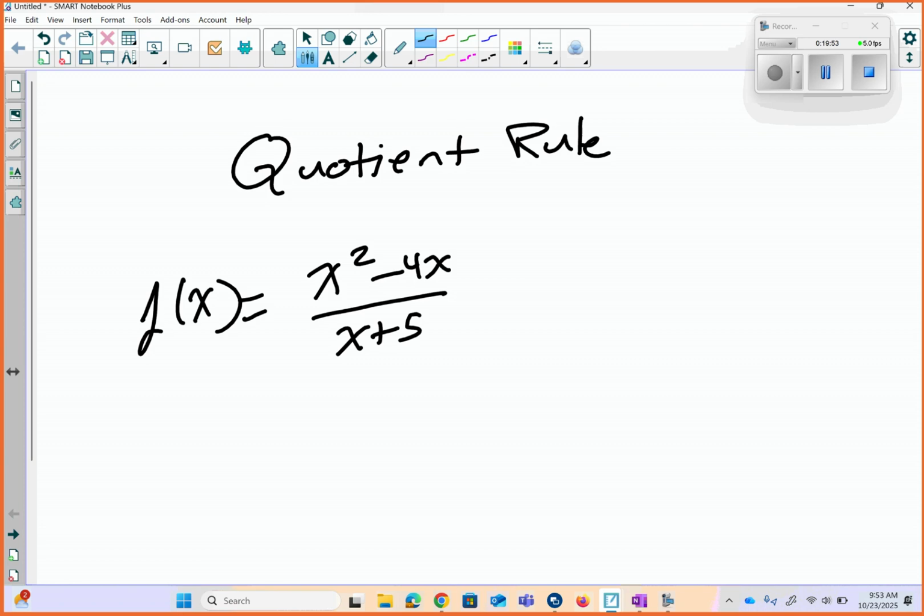So the quotient rule basically takes place in this way. Let's say f of x equals A over B, where A is a whole polynomial, B is a whole polynomial. All right, so the quotient rule goes as this.